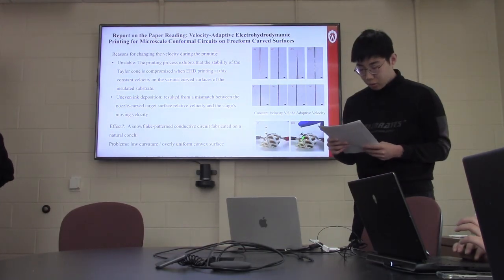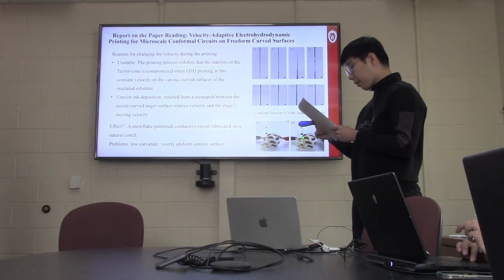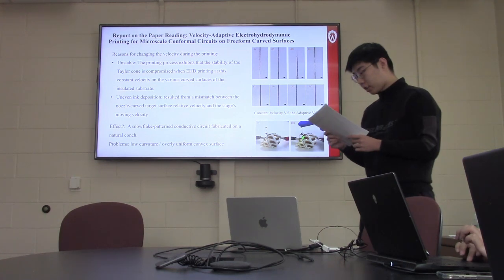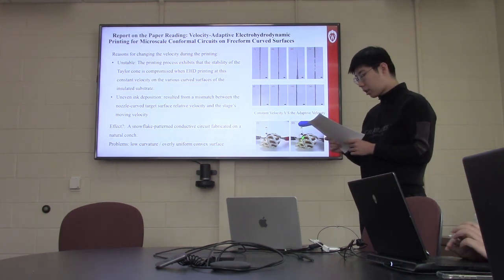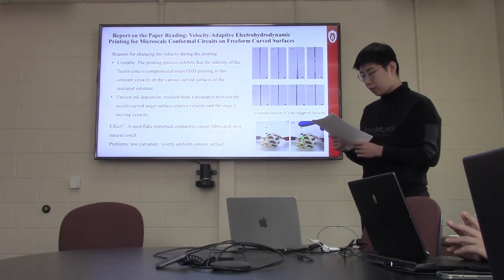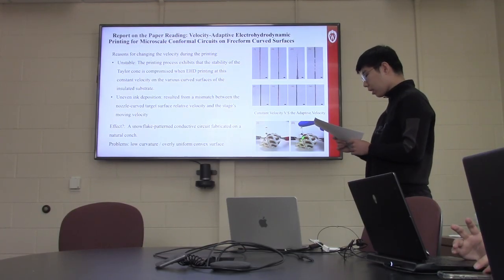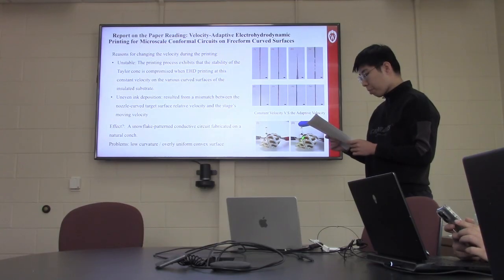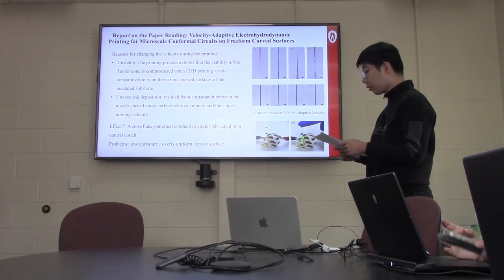The paper also described a demonstration comparing constant and adaptive speeds by printing snowflake-shaped circles on a natural cone shell. They did manage to print the pattern using a constant speed, but the cone turned out to be a fairly easy surface. Its curvature was gentle and quite uniform.